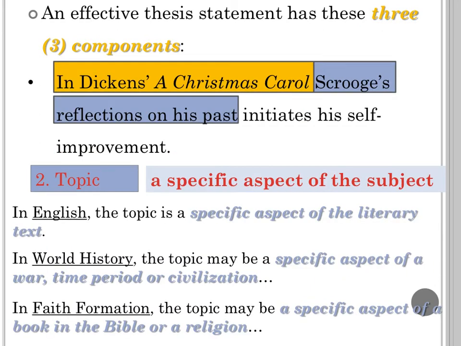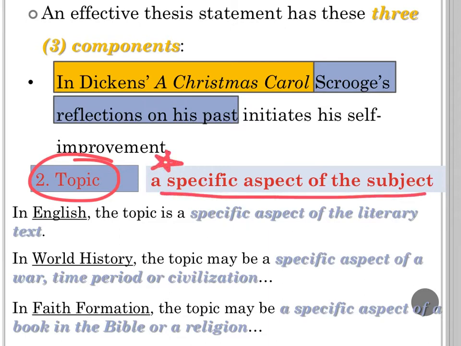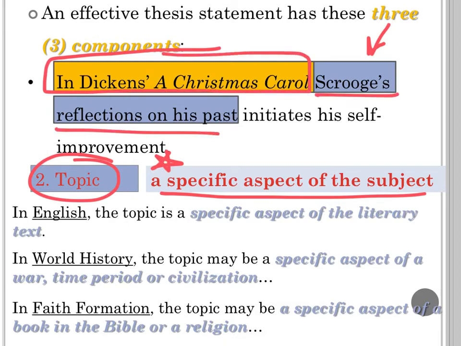The second component of an effective thesis statement is a topic. And what that is, is a more specific or narrow aspect of the subject. And so the topic here in this thesis statement is some narrow aspect of the text, A Christmas Carol, and in this case it's Scrooge's reflections on his past.